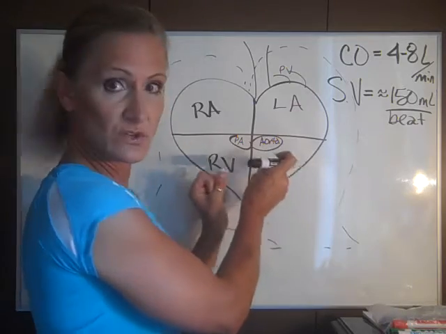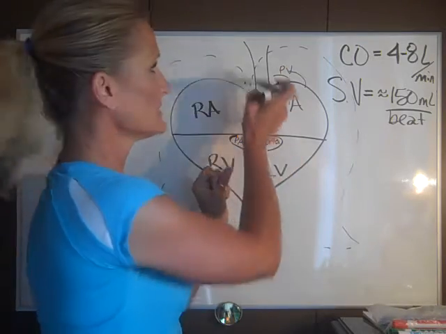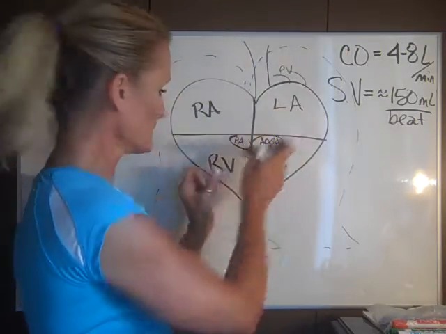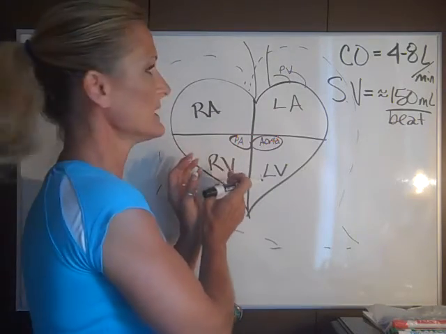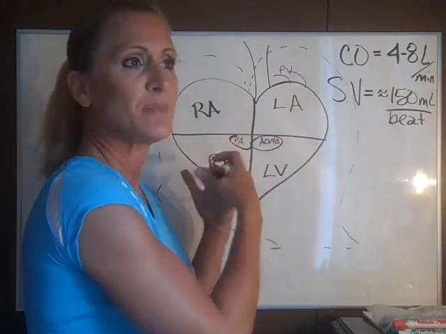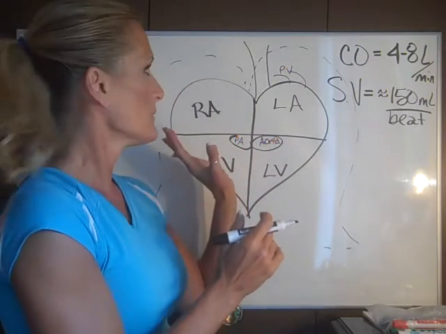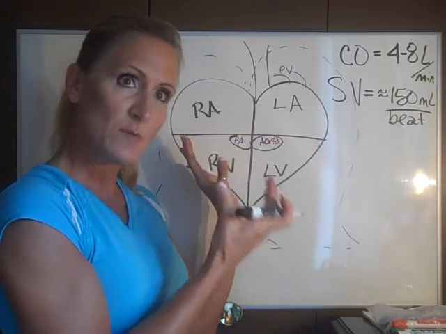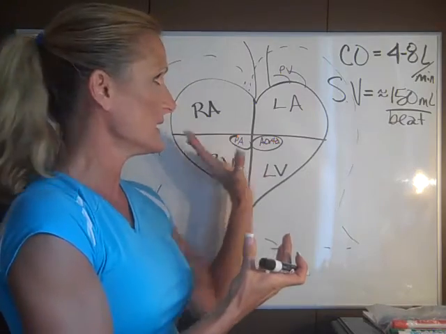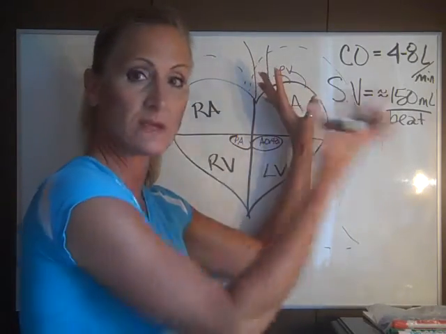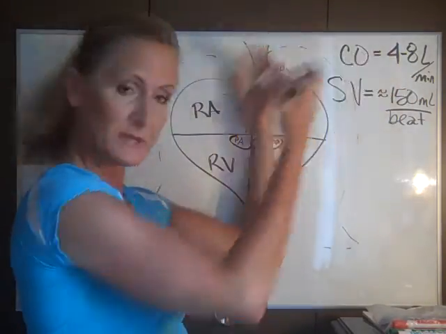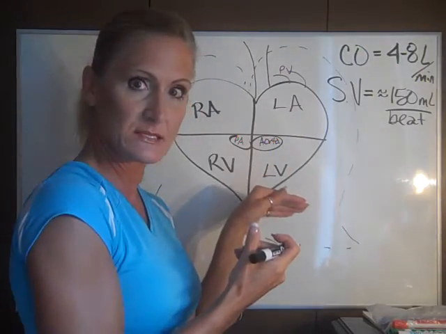So when the left ventricle is ejecting blood into the arterial system, the right ventricle is ejecting blood into the pulmonary system. But in the pulmonary system, we are ejecting carbon dioxide rich blood into the lungs so that we can expel it and replace it with oxygen and bring it back into the left side.